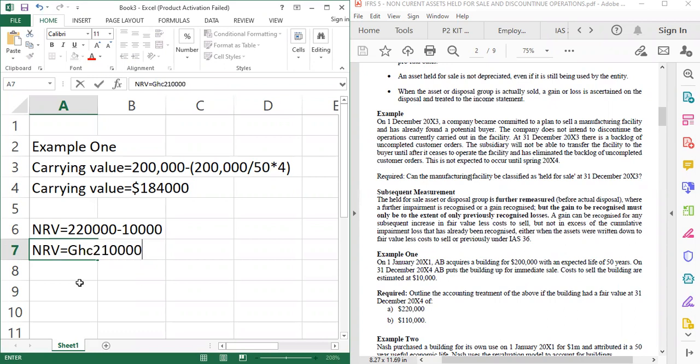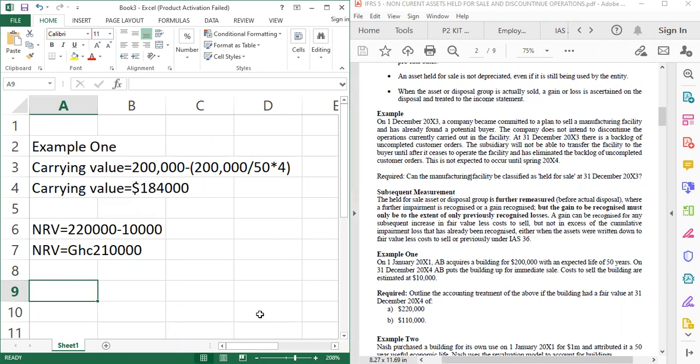So at which of these values are we going to classify the asset? The lower of the two. So the carrying value, which is 184,000. The asset will be classified at 184,000, which is the lower.